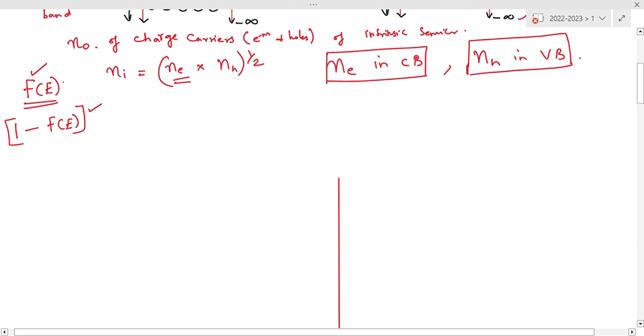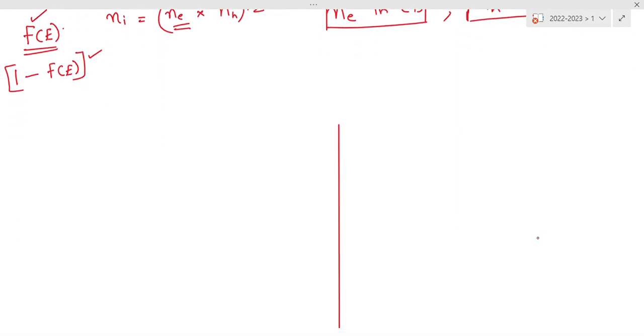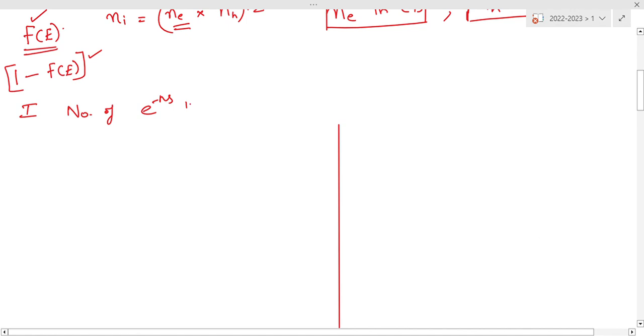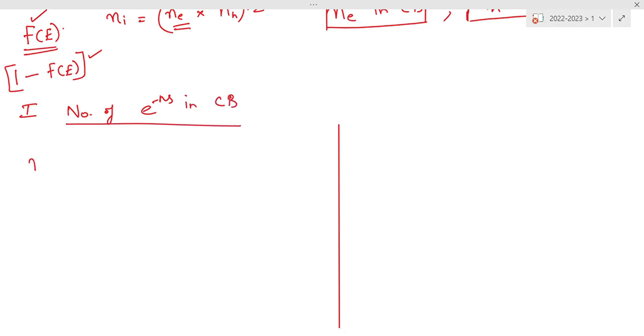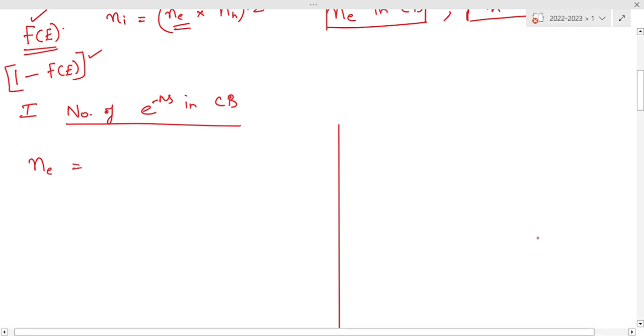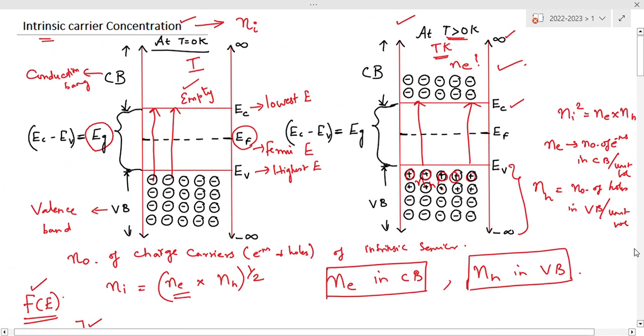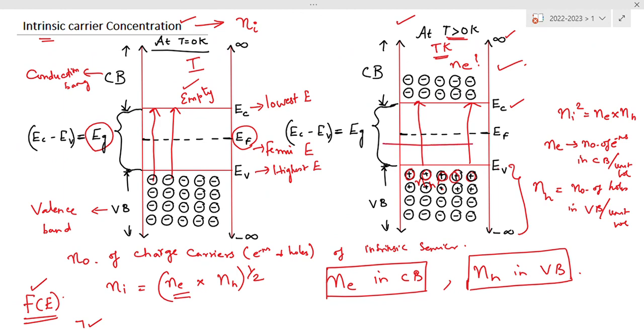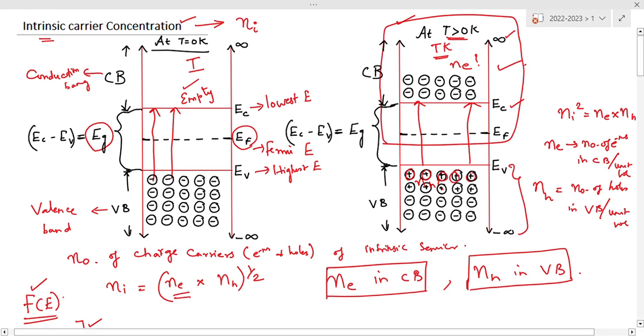So now the general formula to determine number of electrons in the conduction band of the intrinsic semiconductor is Ne is equal to integral. In the conduction band, the limit is, where is the limit here? Look at the diagram. We are going to see only the conduction band, that is this particular part should be taken into consideration.